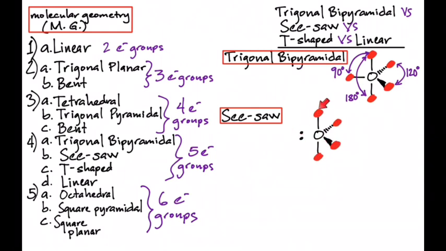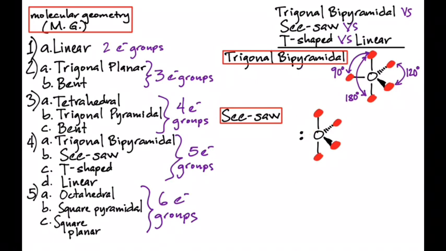So axial means top or bottom. Okay, and so this is called seesaw because it looks like a seesaw when you rotate this 90 degrees clockwise. Okay, so the molecular geometry is seesaw if you have one lone pair.